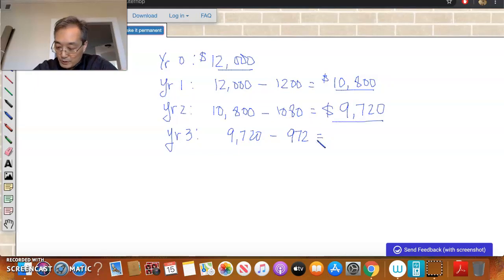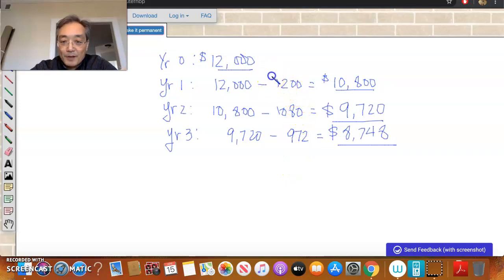So if he loses 972, now his car is only worth $8,748. And this is going to continue on until he either sells his car or whatever happens afterwards.